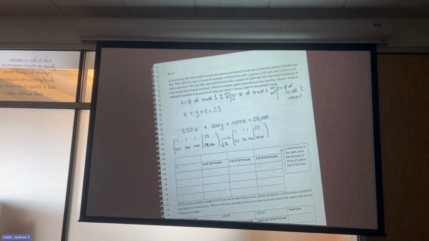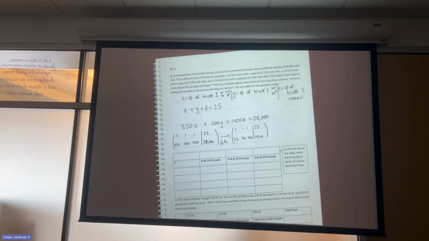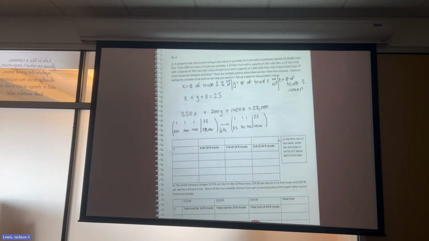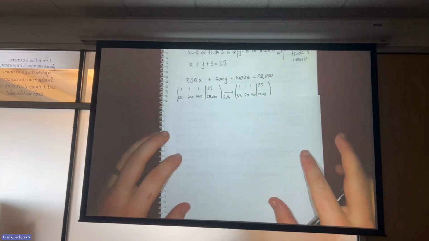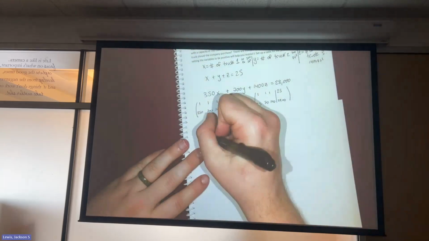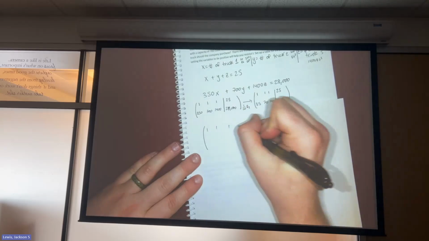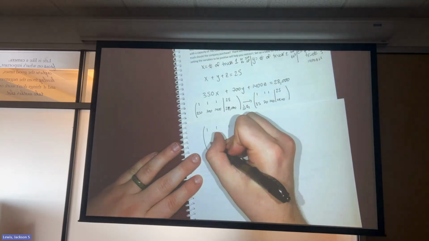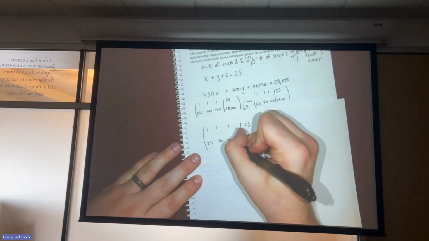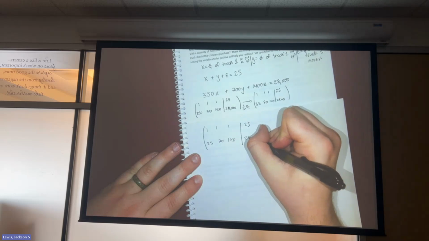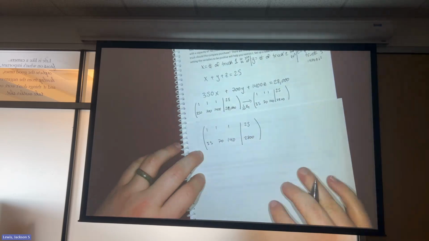I could simplify that further, but this is all we really need. I'm also running out of space, so I'll use a piece of scratch paper for the rest of this. All right. So I'll write this down first. 1, 1, 1, 25, 35, 70, 140, 2800.